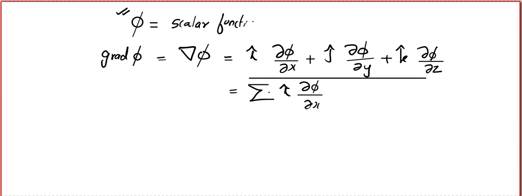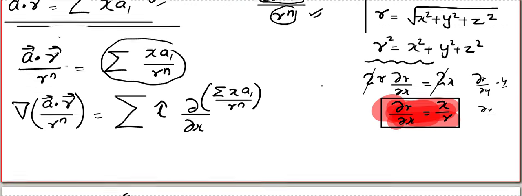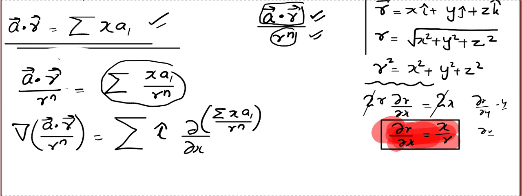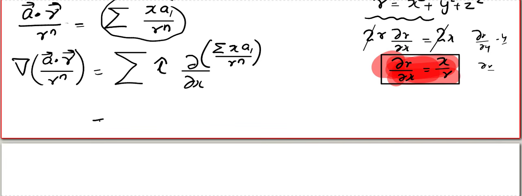Once more I want to show you. Gradient is del phi. Del phi is sigma i dou by dou x of the given function. And here what is the given function? A dot R by R power n, which is equal to sigma this thing. Now what I am going to do is, for your convenience, I will write this function in expanded form.